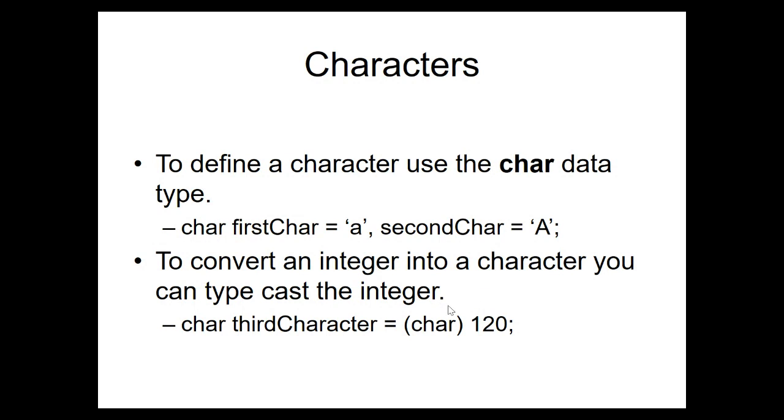So that can be done with typecasting, as we're pretty familiar with from previous lessons. You put the data type in round brackets before the thing you want to operate on. So here we have 120. It's going to cast 120 into a char, and then it's going to store it into this char variable called thirdCharacter.